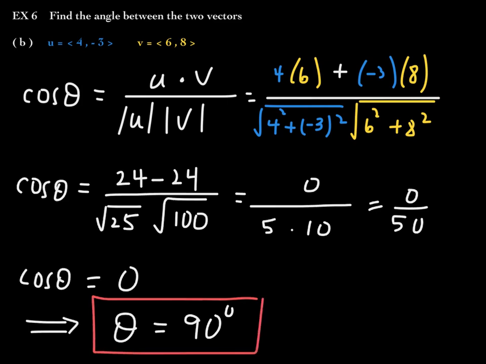Now, what's really important that you and I acknowledge is that u and v are said to be orthogonal, because the angle between them is 90 degrees. But again, guys, once I find that the dot product is 0, I stop right there and say 90 degrees, or right angle. It's a right angle, all right? Cool deal.